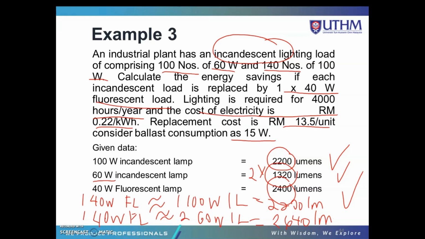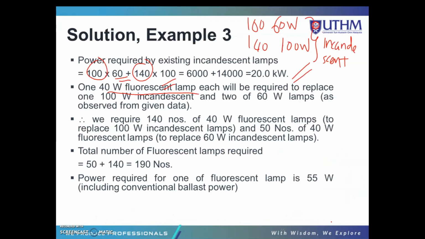So it is near to 2400 lumens. So that is why we required one lamp to replace a 100 watt incandescent lamp, and then 2 of 60 watt lamps for the 60 watt incandescent lamps. So we required 140 numbers of 40 watt fluorescent lamps to replace the 100 watt incandescent lamps.